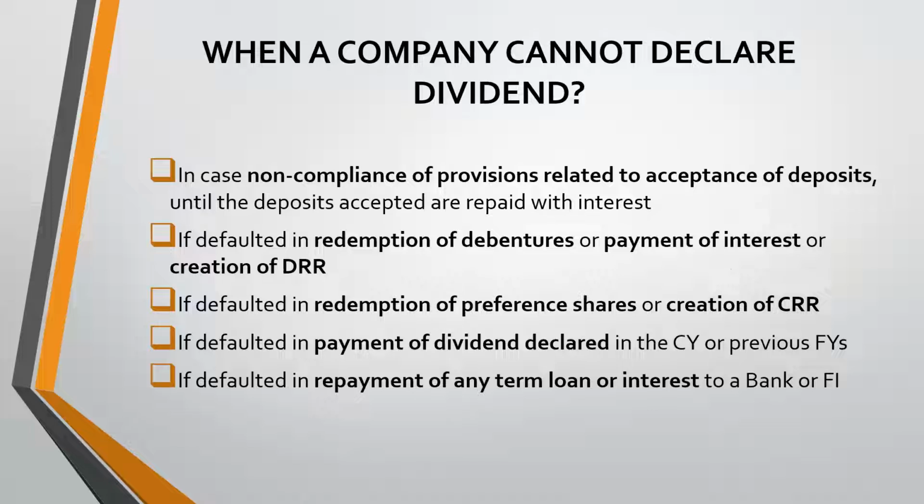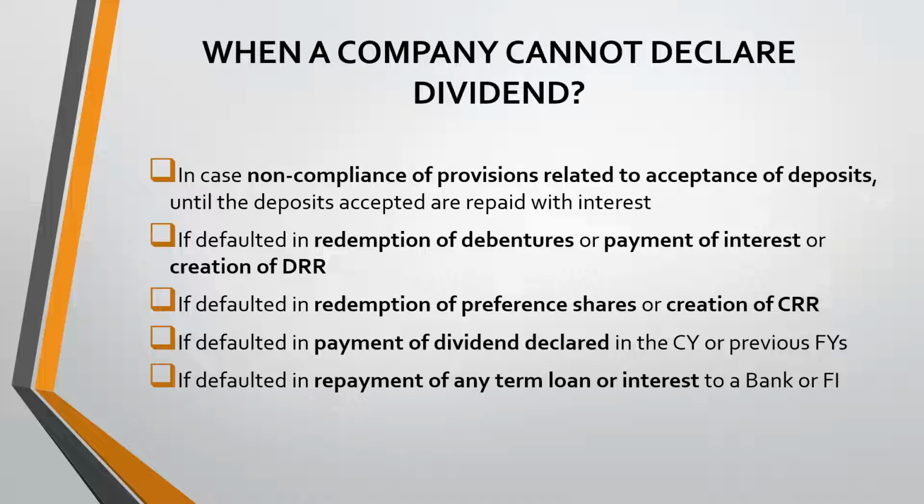Now, we have talked about the sources from where the dividend can be declared and the sources from where dividend cannot be declared. But let's understand that there are certain circumstances when the dividend cannot be declared by a company, or only if these defaults are made good, then only can a company declare dividend.